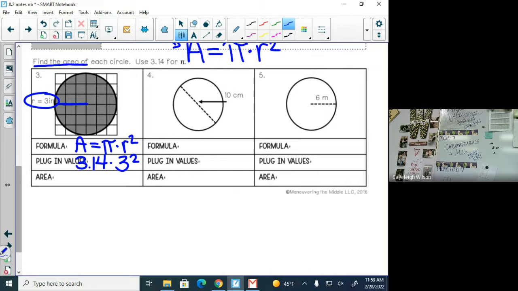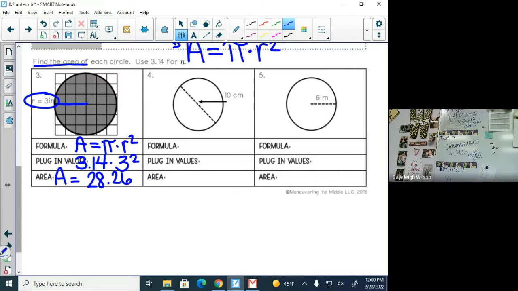So everybody, type that in your calculator. I want to see what you get. Use that squared button next to the 7. All right, so area equals 28.26.